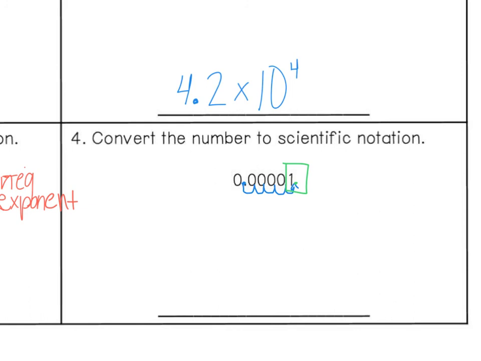It's 1, but it's still between 1 and 10. So 1 times 10, and I'm going to recount 1, 2, 3, 4, 5. And it is less than 1, so we're going to use a negative exponent.